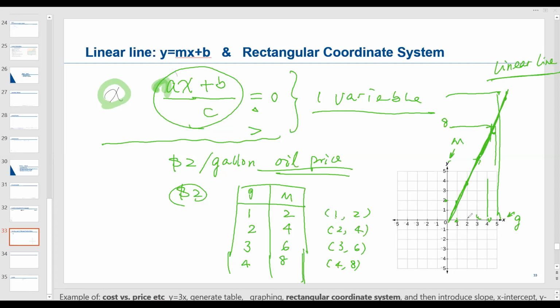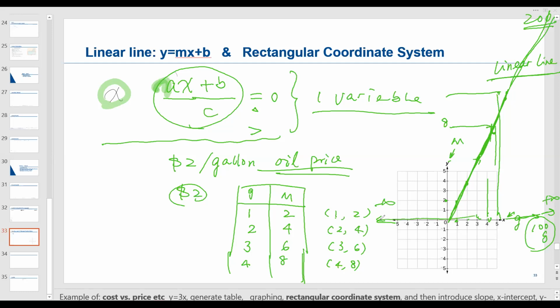So someone says, I fill 100 gallons. So you have to pay $200. Yeah, you can give any numbers in between right here. Here it goes to positive infinity, and this end goes to negative infinity, right?